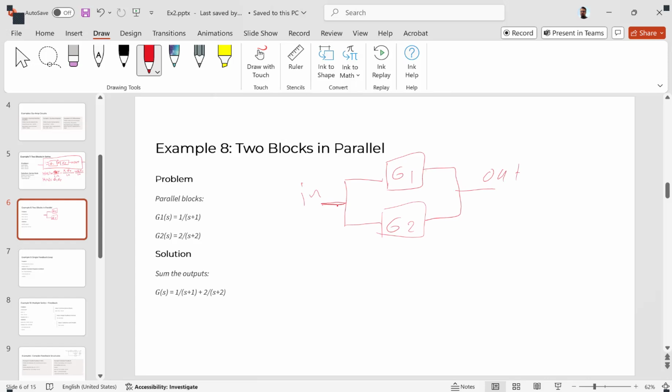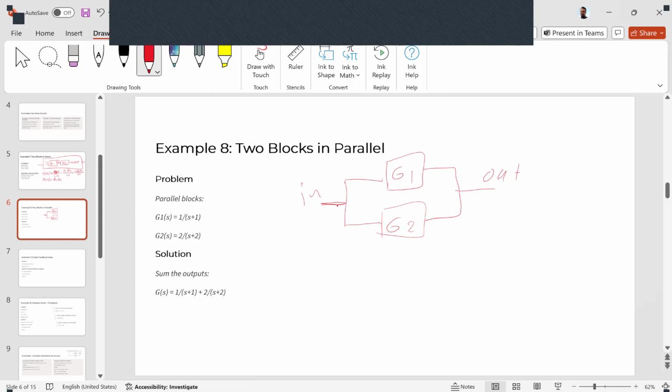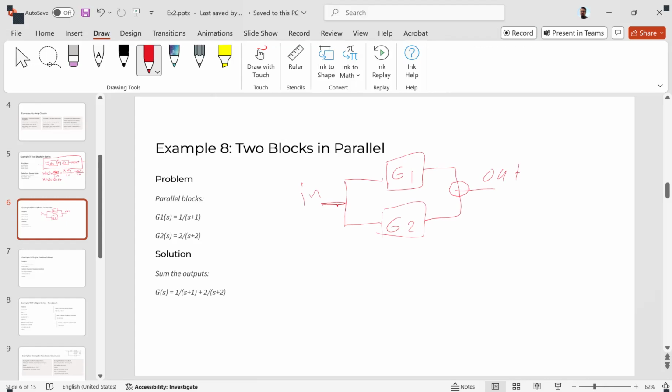You can either show this as a simple connection, or sometimes you would see a circle here that gets the inputs and gives the output.